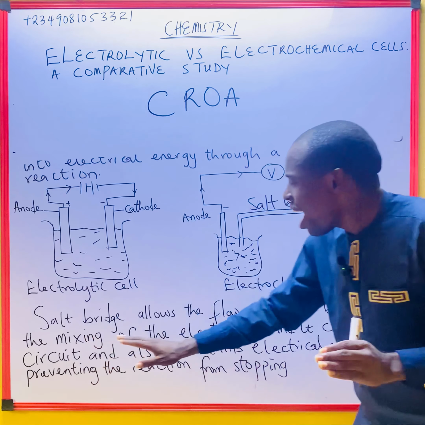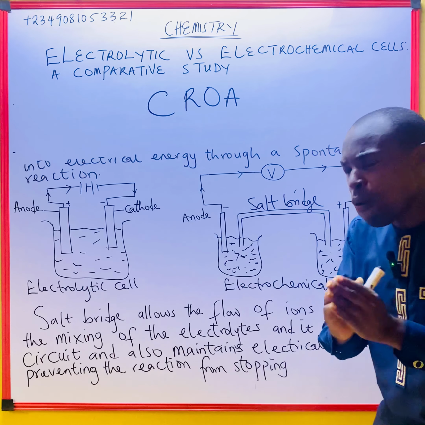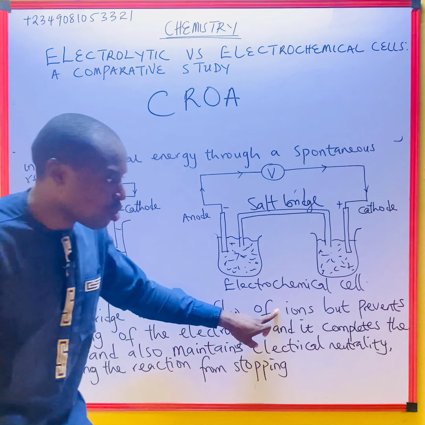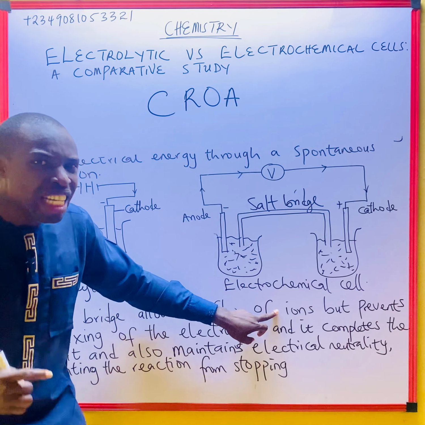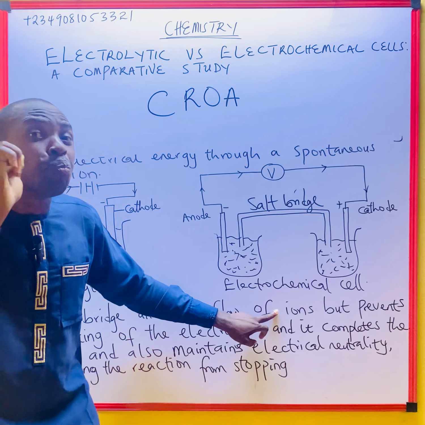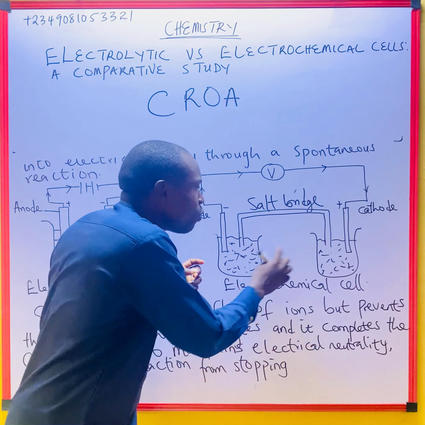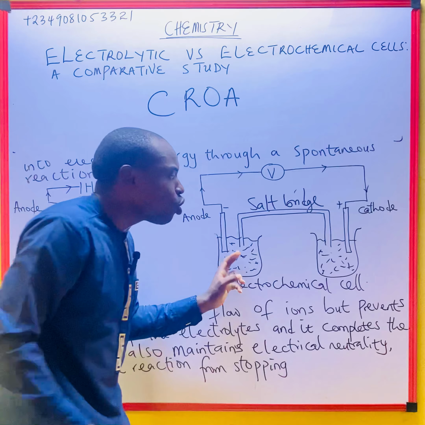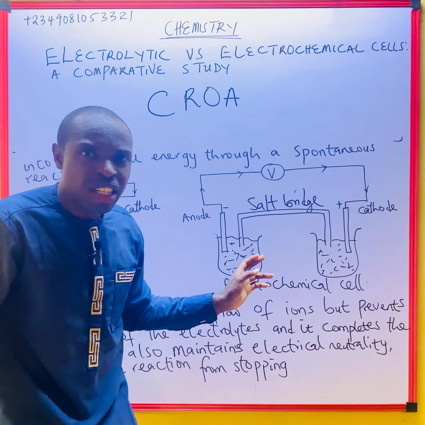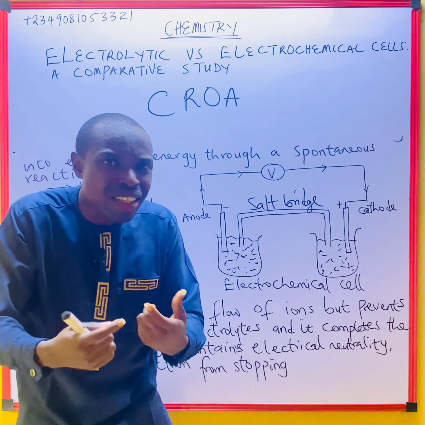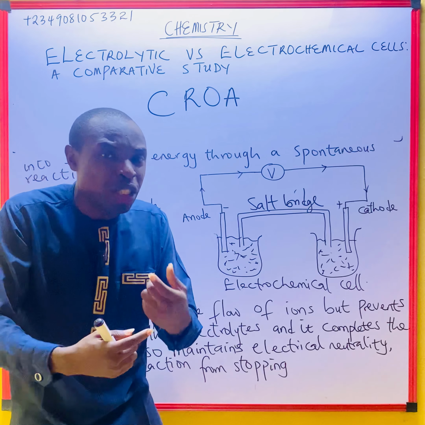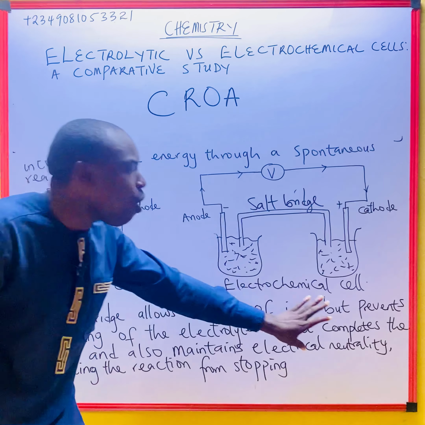A salt bridge allows the flow of ions, but prevents the mixing of these two solutions or these two electrolytes. It doesn't allow them to mix, but it allows the flow of ions.